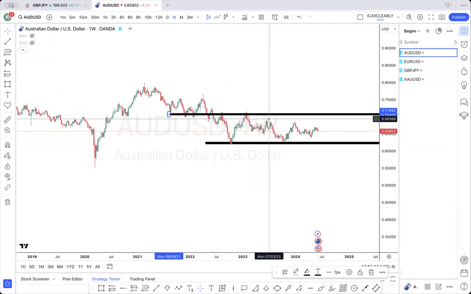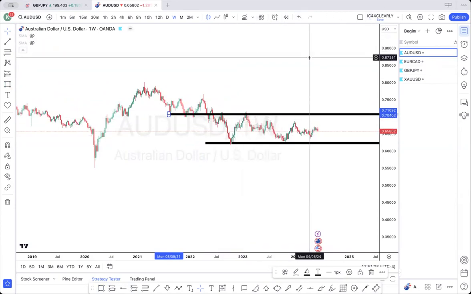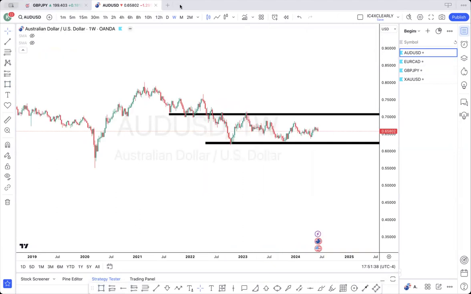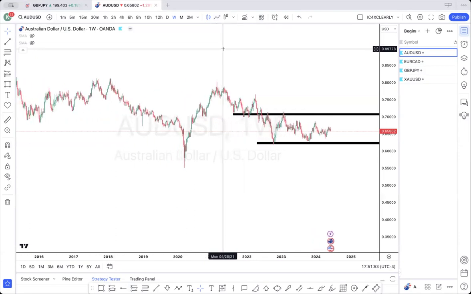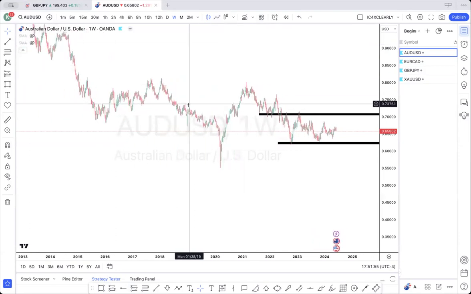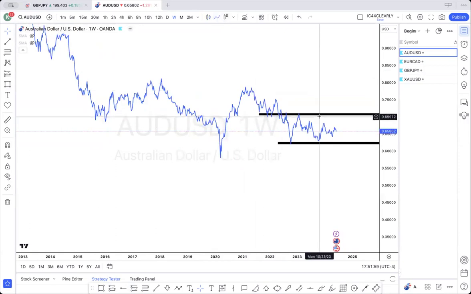Now, one of the other things you can do if you're not familiar with the line chart, or if you're not able to see it as clearly as I see it when I'm marking up my charts, you can always go to the line chart.